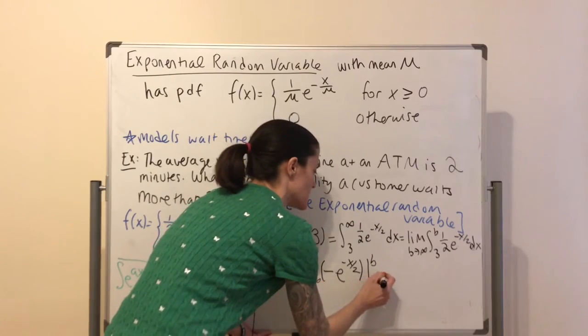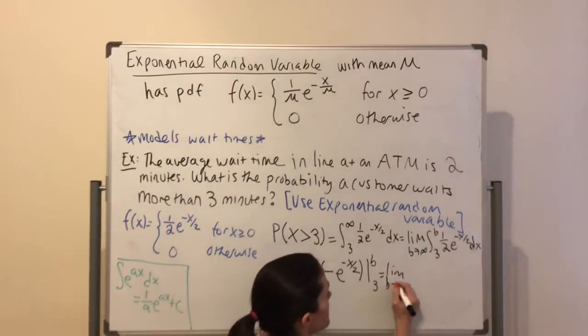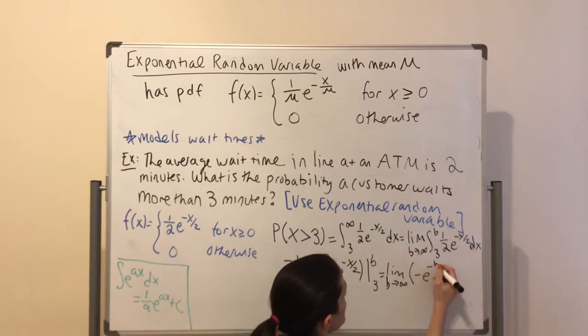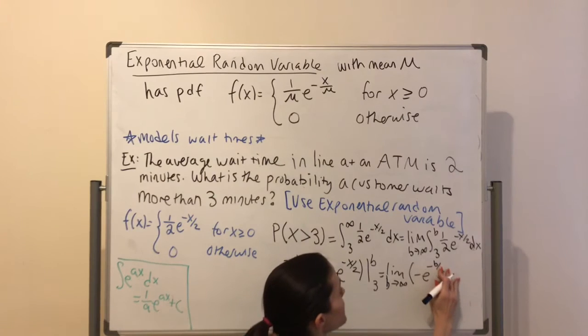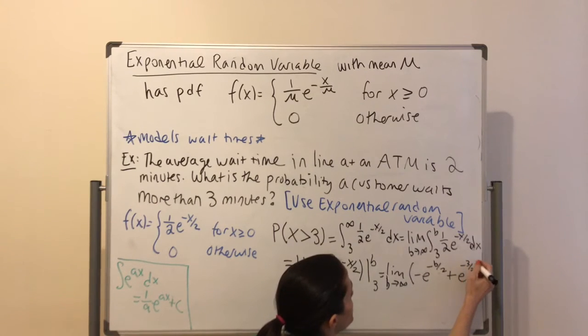This is a limit as b goes to infinity of minus e to the minus b over 2, and then plus e to the minus 3 over 2.